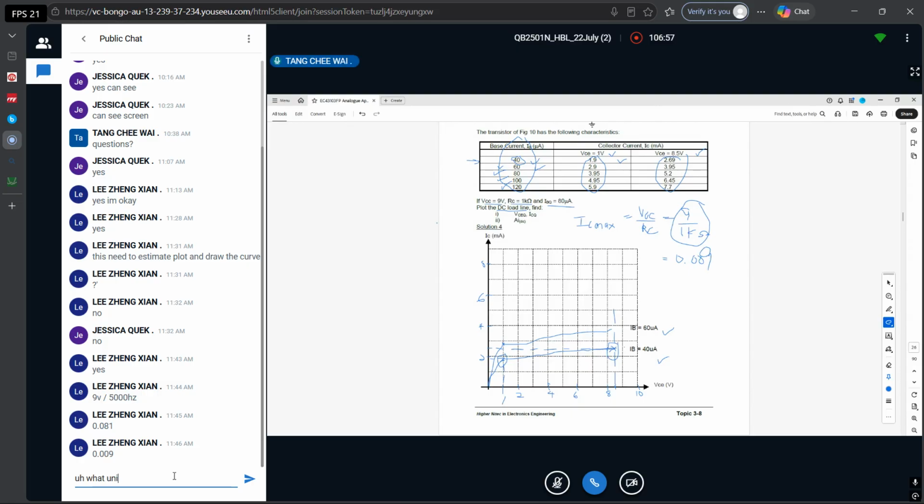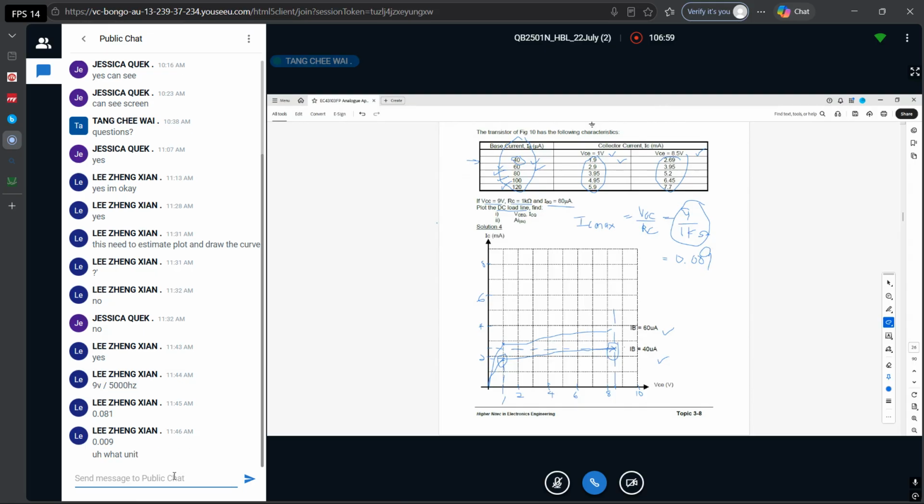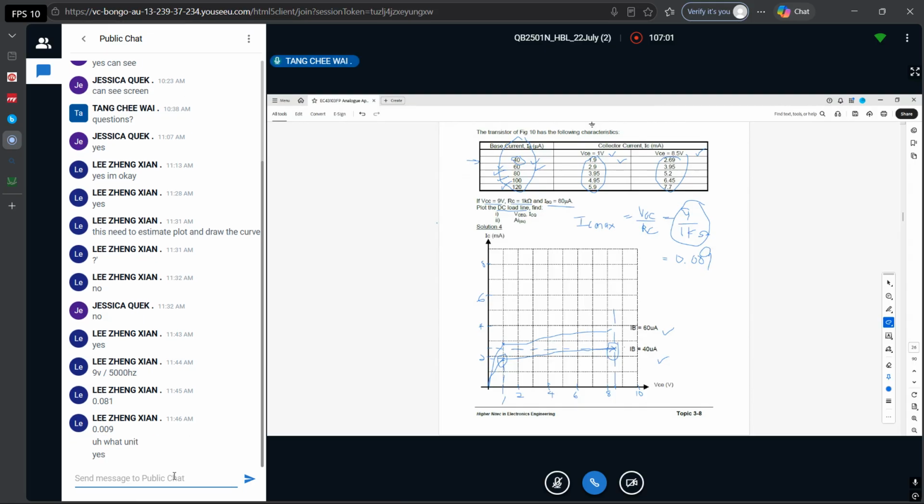All agree? This is ampere, sorry about the writing. Okay, this is ampere. Everyone agree?